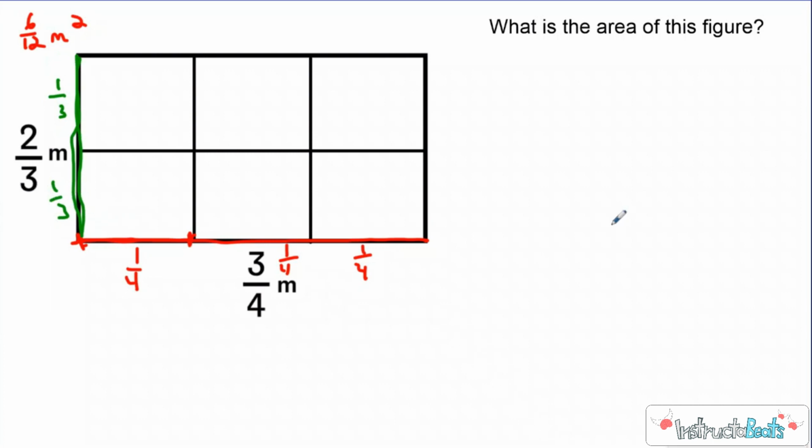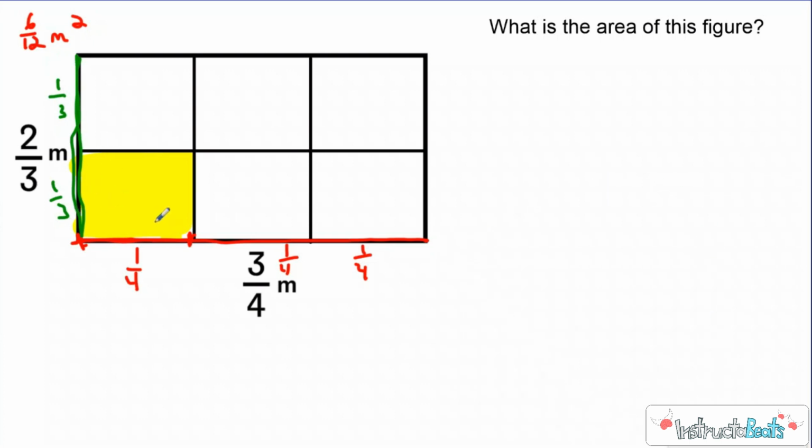So this is really important to understand, because before, when we're doing an area, we're trying to figure out how many square units we need to cover the shape. Well, guess what? This is no longer one square unit. If these were whole numbers, then yeah, this would be one square unit. But because we now have a fractional side, the area of each square or tile that's covering our shape is not one.